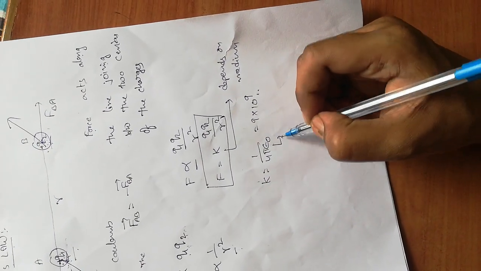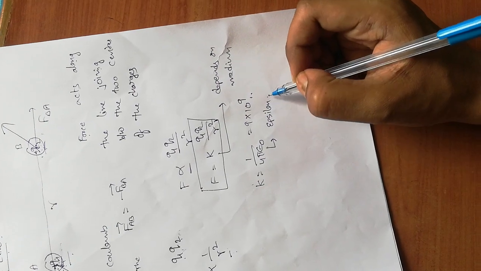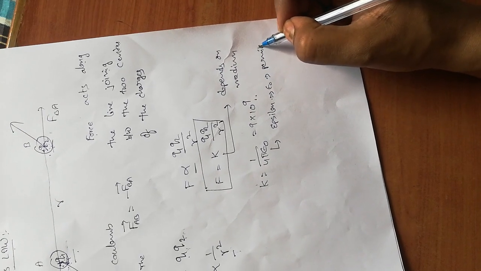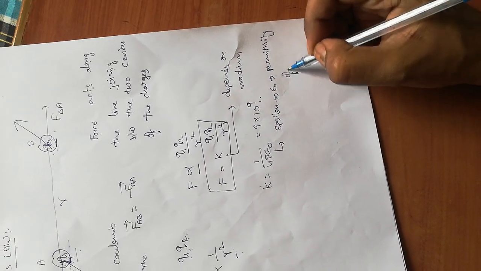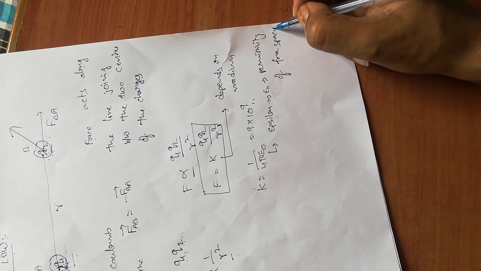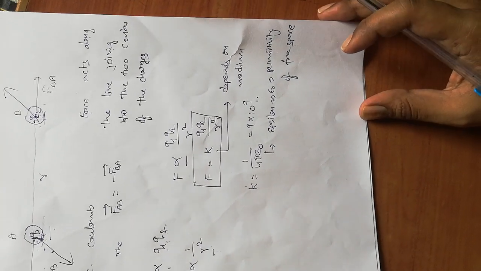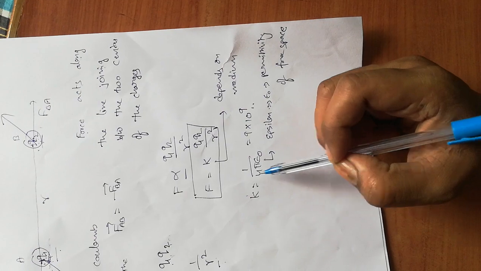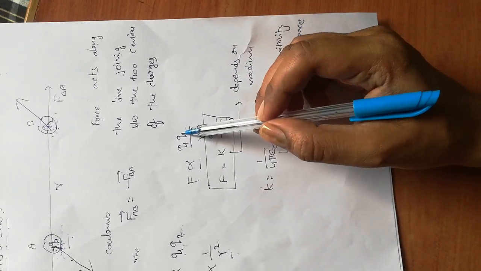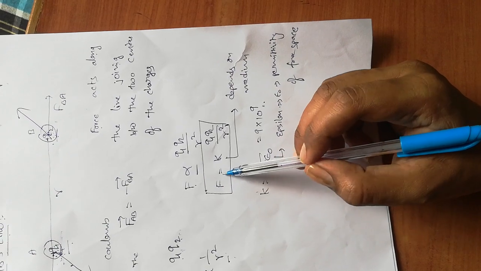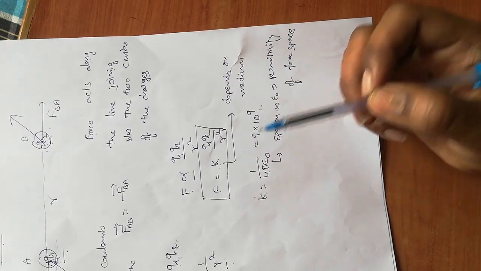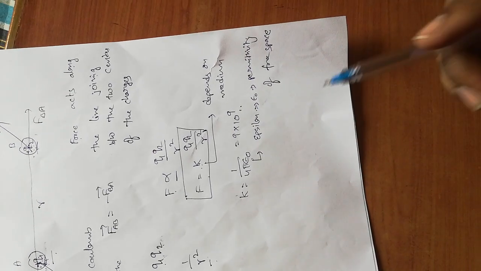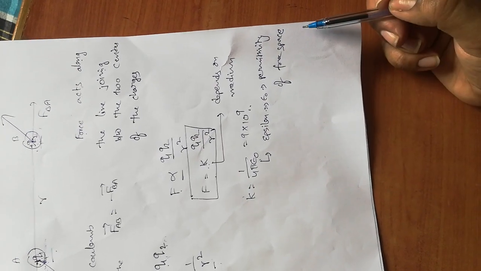Here epsilon naught is the permittivity of free space. What permittivity is, we will discuss in the next classes. Okay, don't worry. Now we need to remember F is directly proportional to q1 q2 by r square, and to remove the proportionality symbol we take one constant k, whose value is 9 into 10 power of 9, or 1 by 4 pi epsilon naught, where epsilon naught is the permittivity of free space.